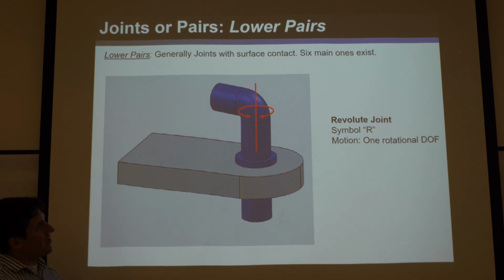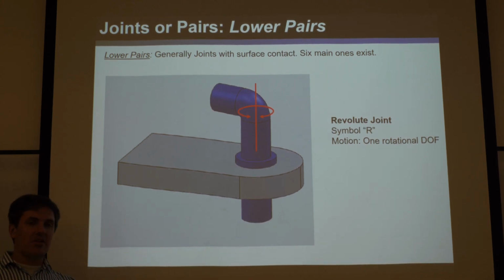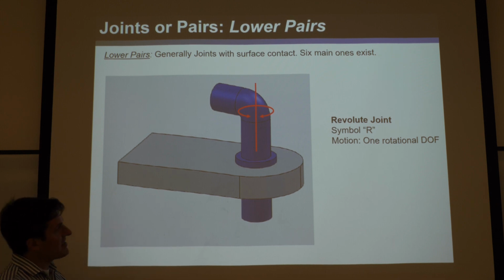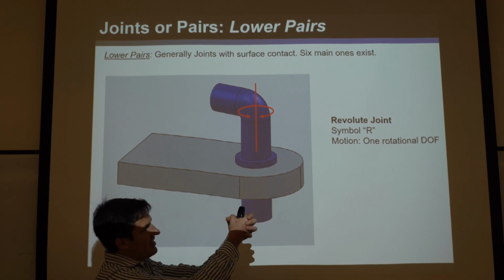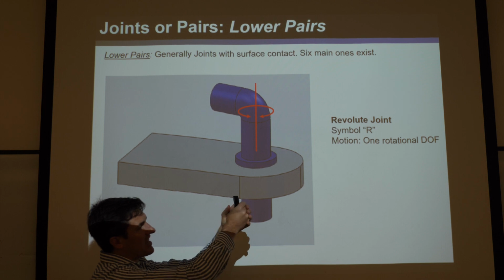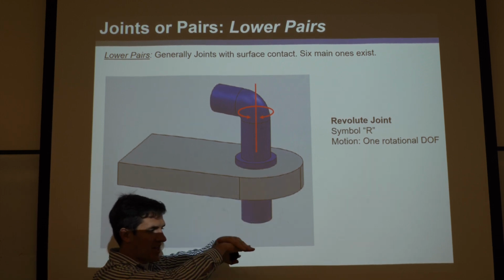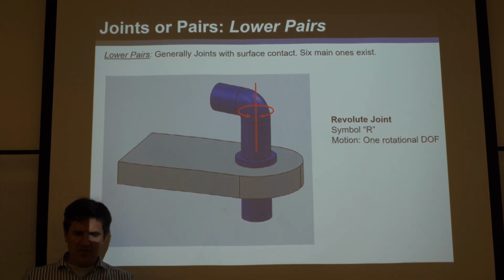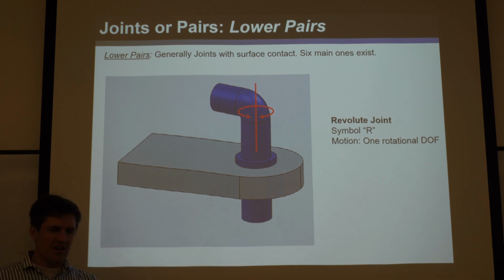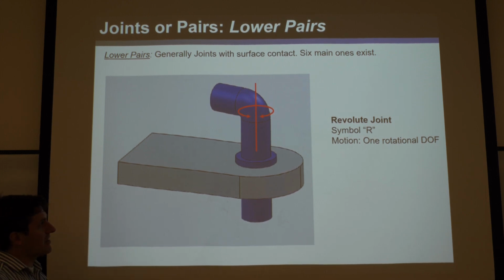So it's one degree of freedom. That has nothing to do with the fact that it's a lower pair. The thing that makes it a lower pair is that the cylinder is fully touching on a surface, and these two lips are touching on flat surfaces. So think of surface area. It's actually got a surface area, not a point or a line. That makes it a lower pair.